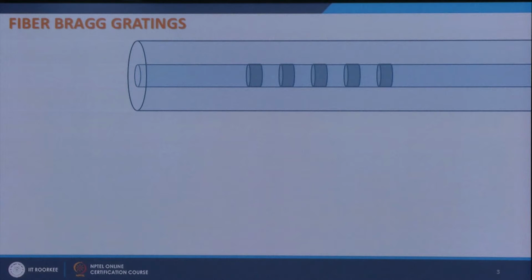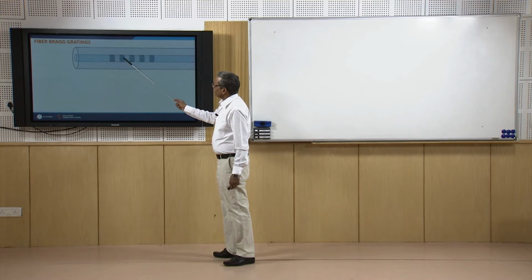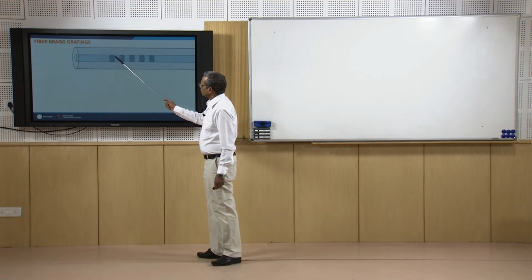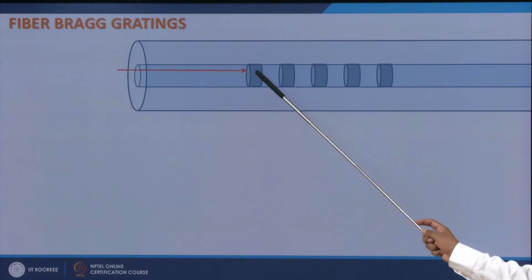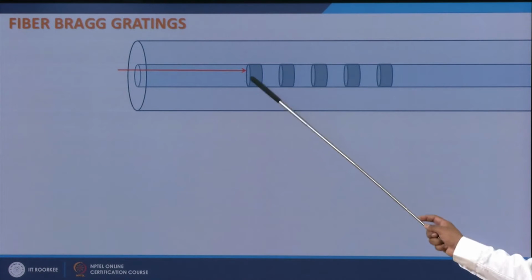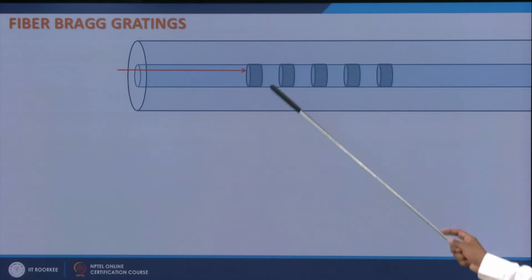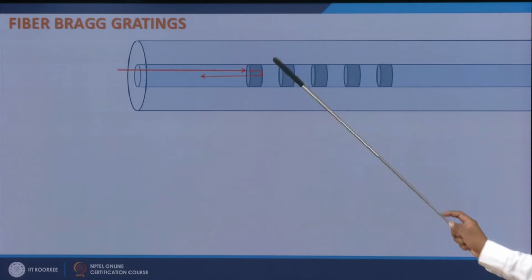So, let us understand how it works. First, we will consider fiber Bragg gratings. So, we have this refractive index modulation. We have low refractive index, high refractive index, then low refractive index periodically. Now, when a light beam is incident here, because of this index contrast, a part of the beam gets reflected from this interface, part of the beam goes out, and then it gets reflected from the rear interface.